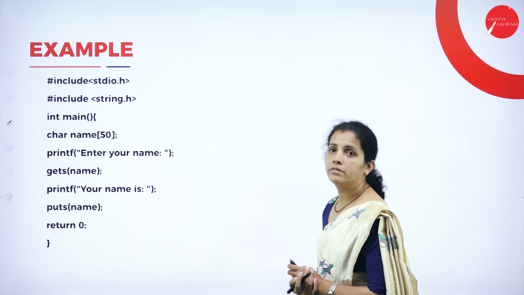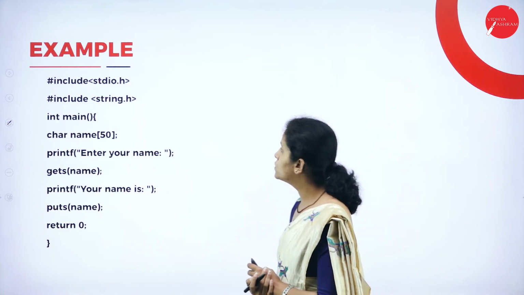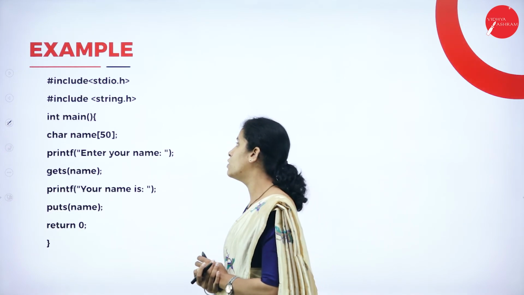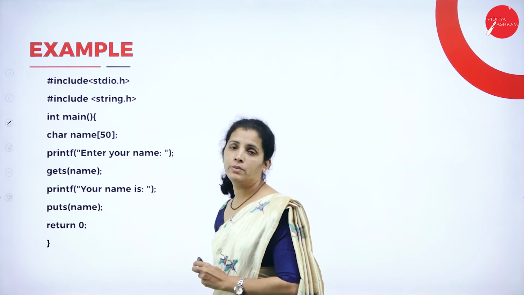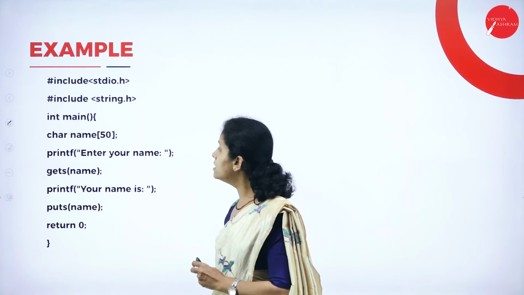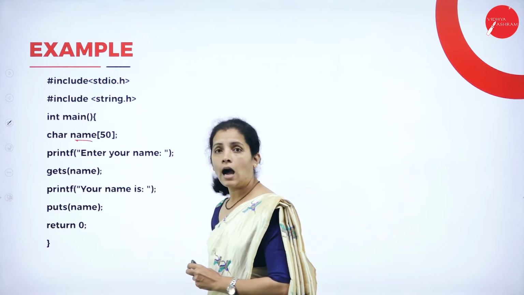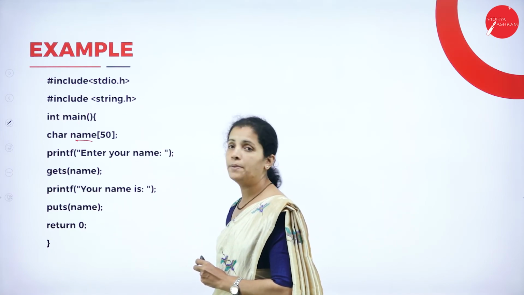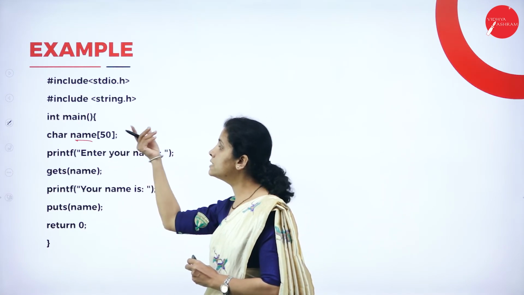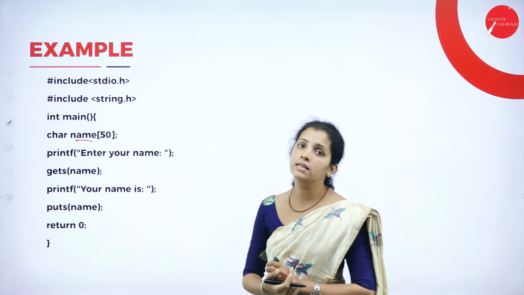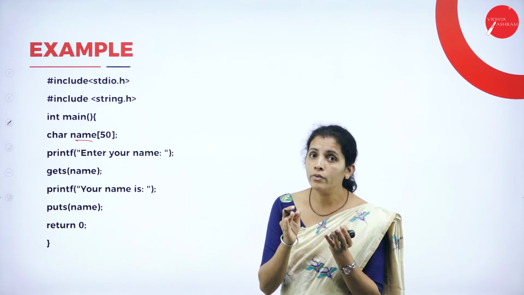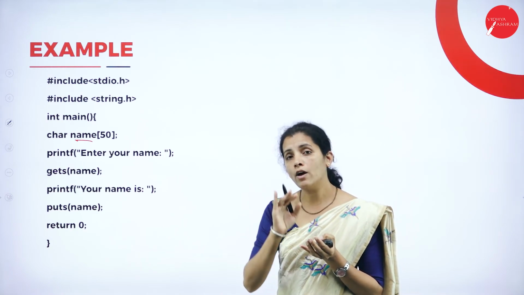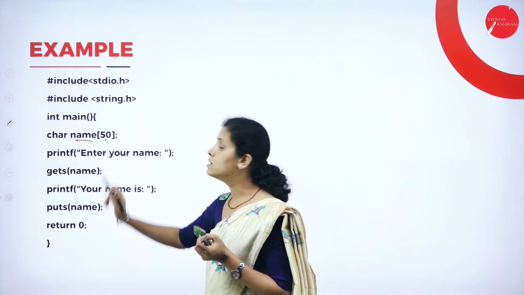Now I'm going to have the example program. Here I'm going to start with stdio.h and string.h, and I'm going to start from the main program. Here I'm going to consider an array, that is name of char, 50. String is nothing but a group, collection or array of characters.